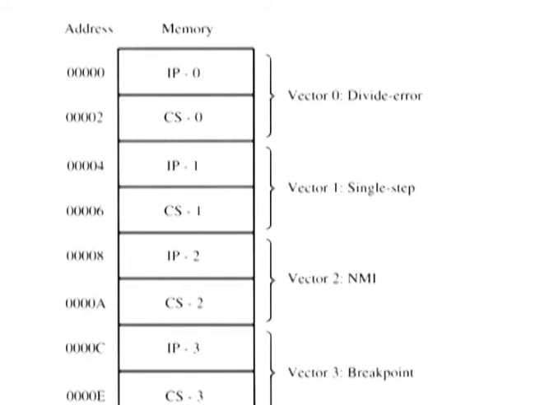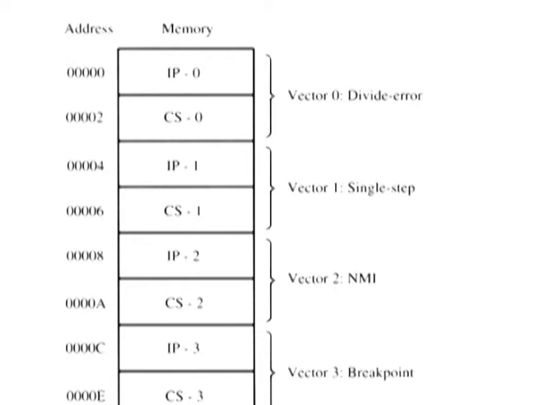The first 5 pointers have dedicated functions. The pointers 0, 1, 3, 4 are required for 8088's internal interrupts. The pointer 2 corresponding to the second entry in the interrupt vector table is used to identify the starting location of the non-maskable interrupt service routine.